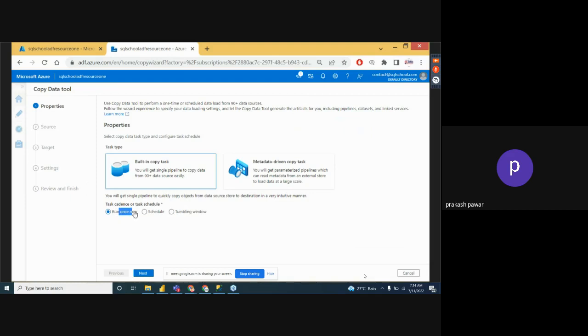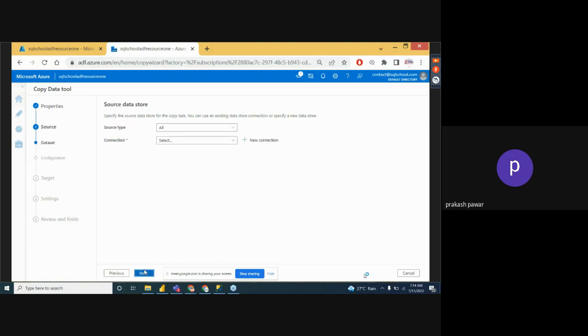For now, to start with a basic example, click ingest. We'll go for run once. You would like to export the data from SQL database to SQL pool only once. For now, say next. Source type, leave it as it is, and connection, new connection.